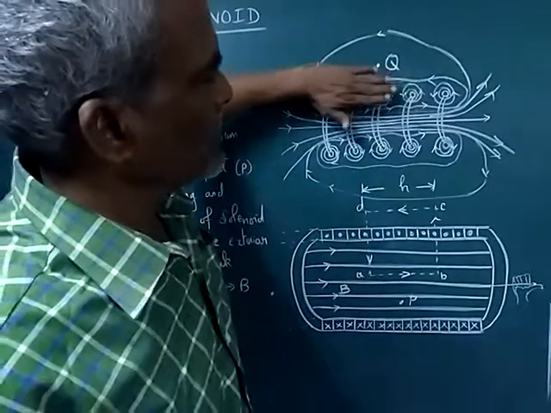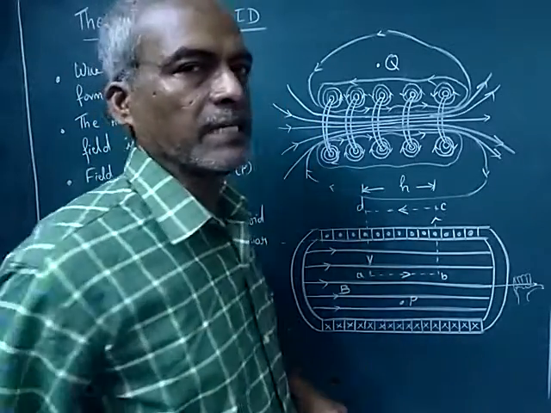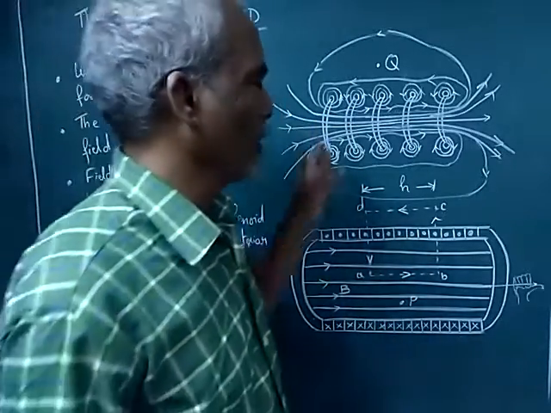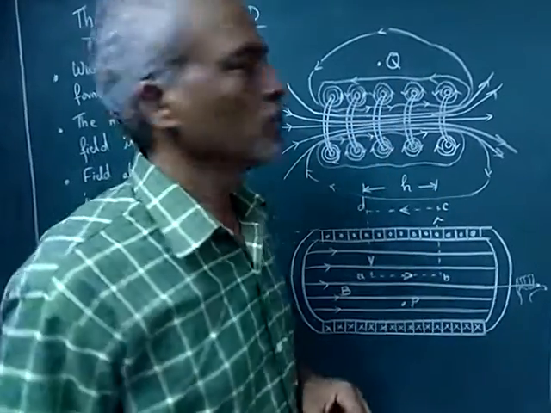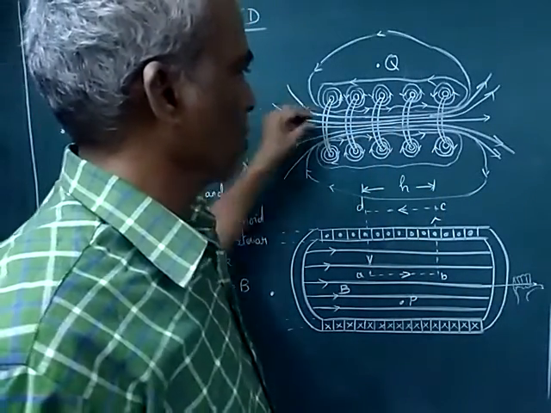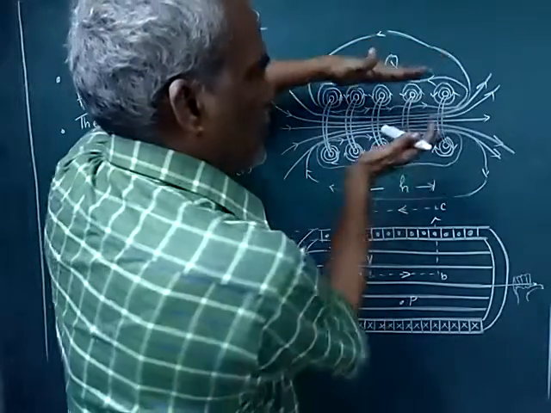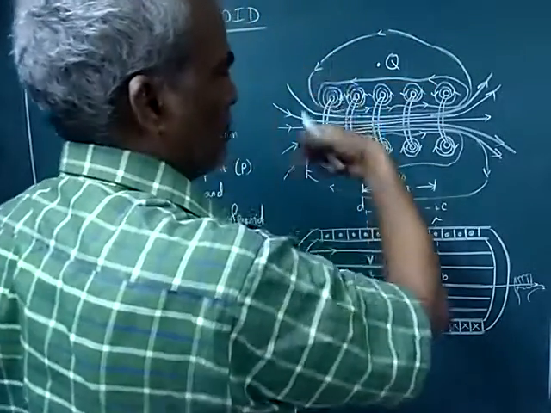So because of this nature, along the slots where the current carrying conductors are coming out and going in, the magnetic field gets cancelled out. Therefore, the total magnetic field is concentrated in between these two conductors. So it will be in this path.